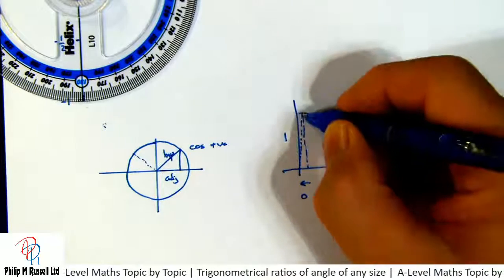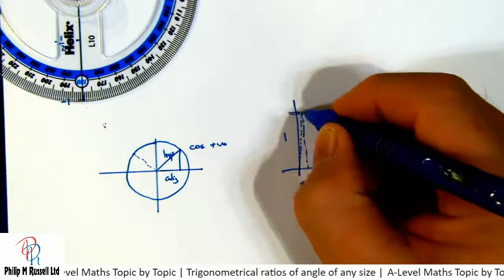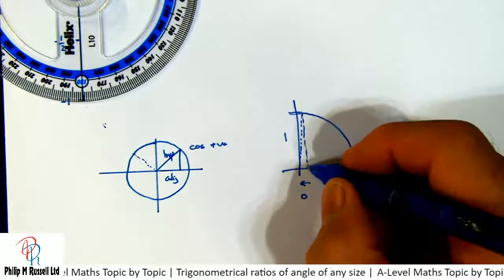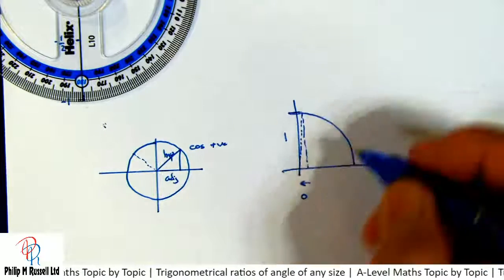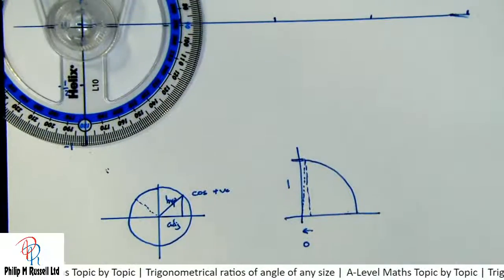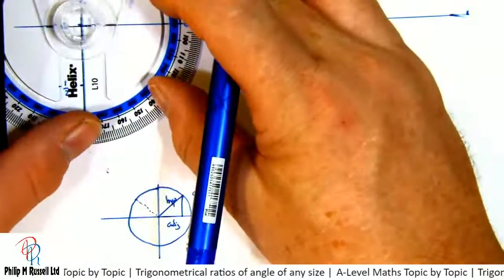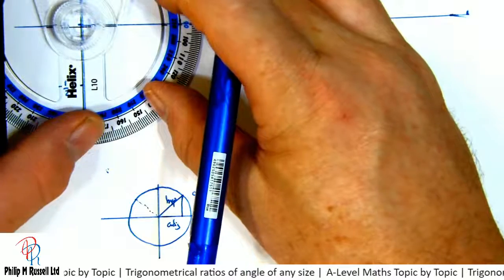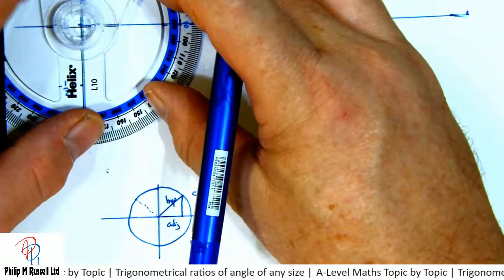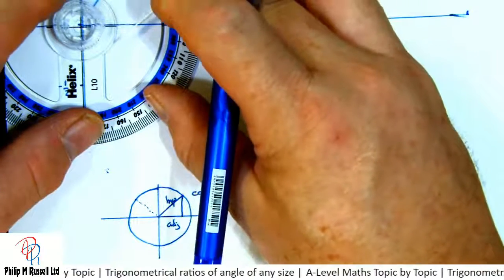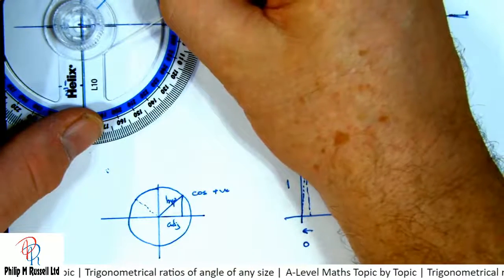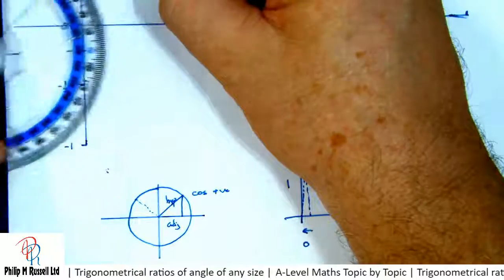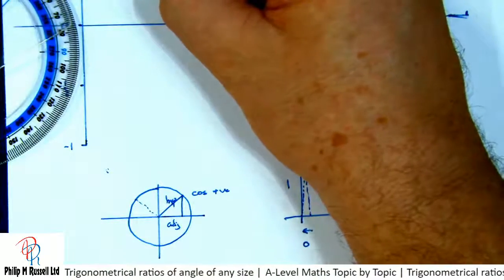So our value here that we're trying to read is changing there. So we're going to have it at 1. So at 1 it's there. If we go across to 45 degrees, then I've got to try and choose where my point is.